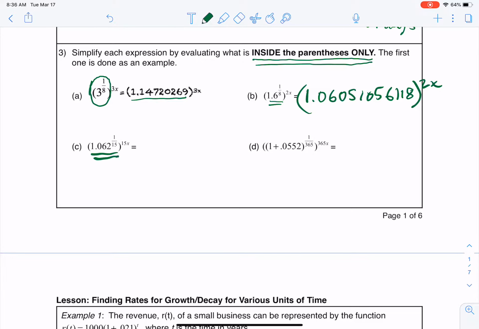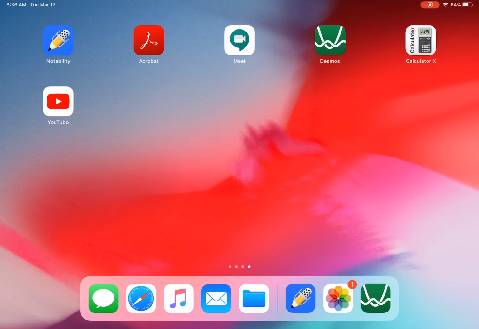Same for the second one, part C. Again, I need my calculator to evaluate that, so let me go into Desmos.